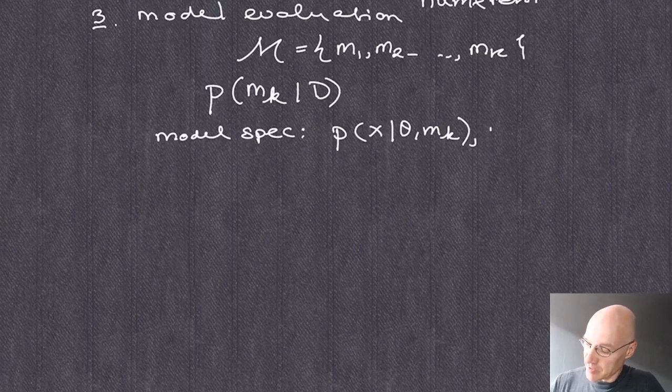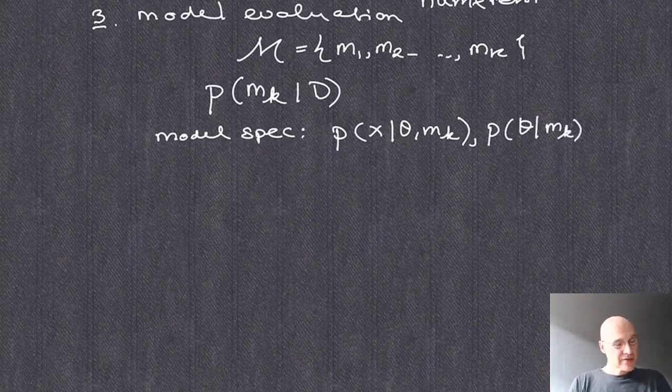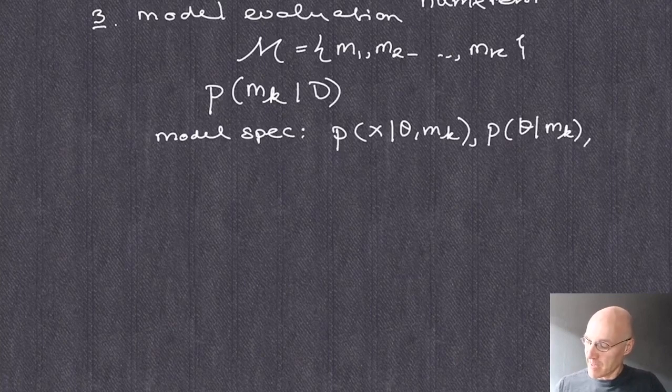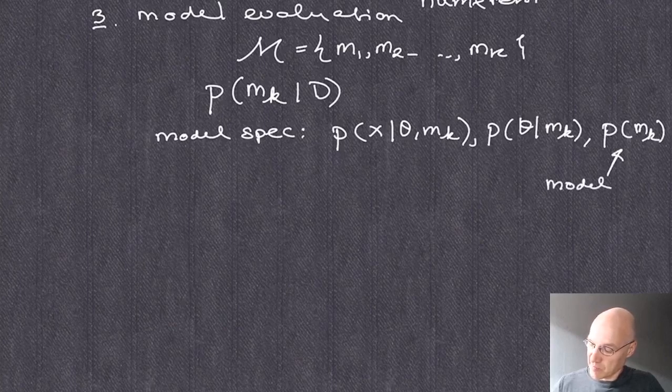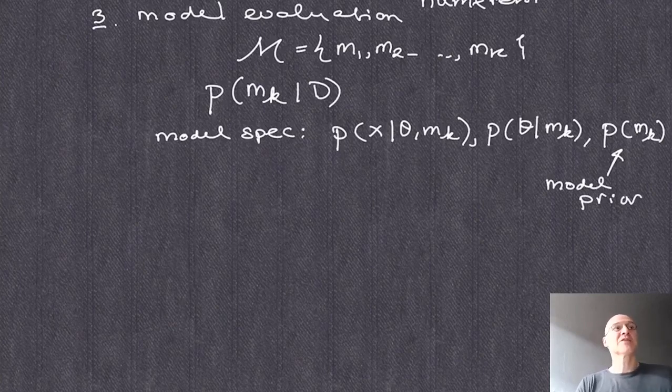We have a prior distribution for the parameters, and if we want to know a posterior for the models, we also need a prior. So we want to add now a prior for the models. Model prior. So that's what you need to specify.